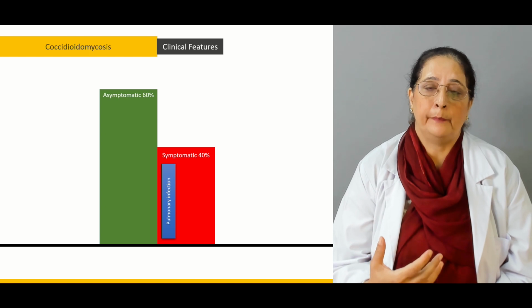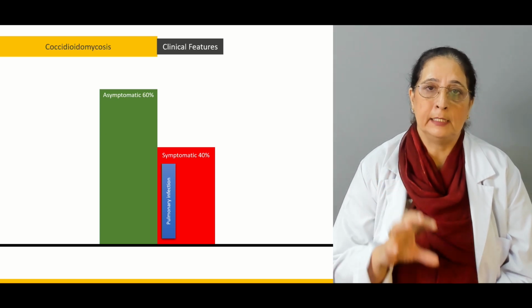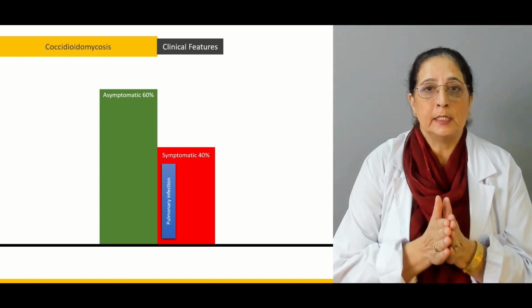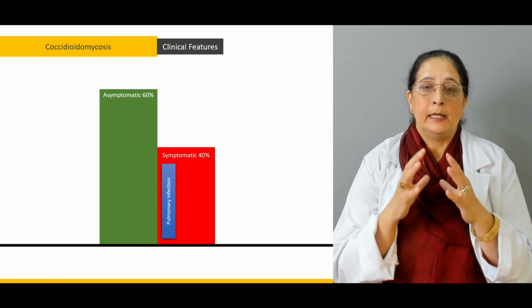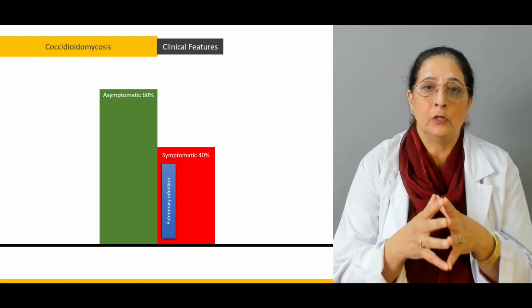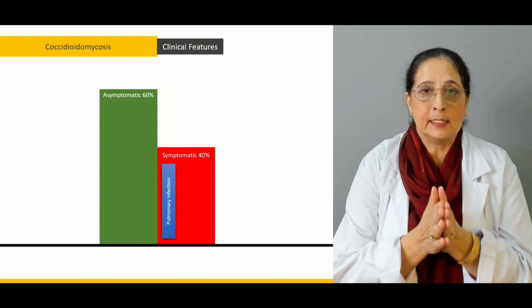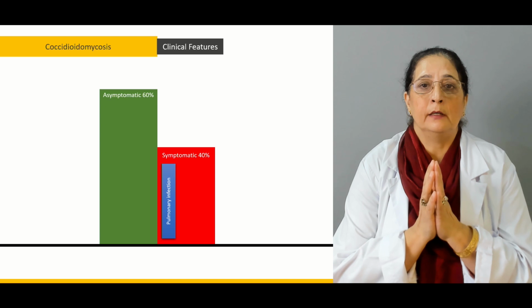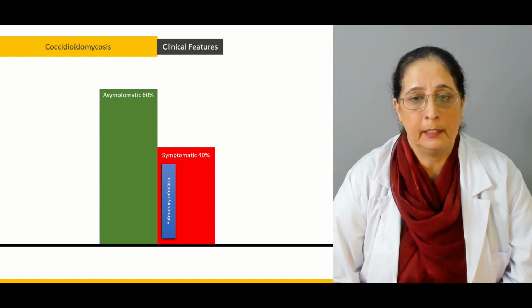So 60% of patients are asymptomatic, 40% are symptomatic, and since the infection is caused by inhalation of the fungus, the lungs are the major organ affected by the infection.